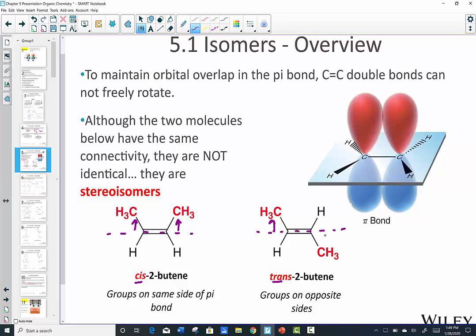If one's above and the other's below, that's a trans conformation. Pi bonds do not rotate. It is not being achieved by twirling that bond. Convince yourself by building the molecule with your molecular model kit. Double bonds are impossible to rotate.